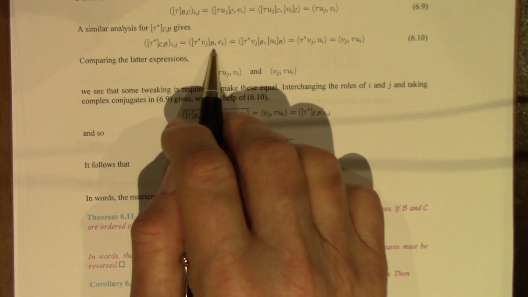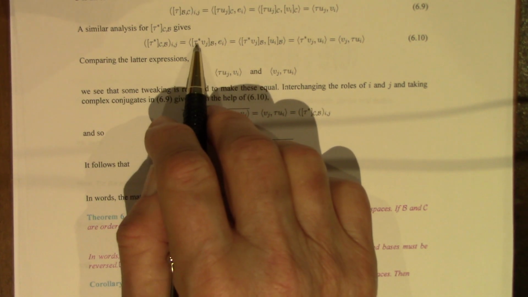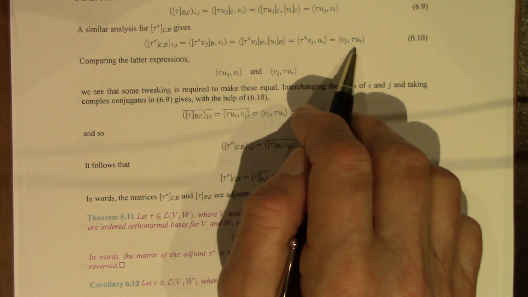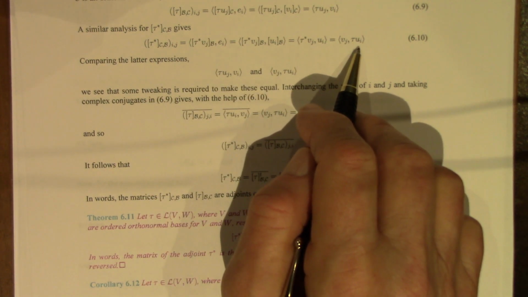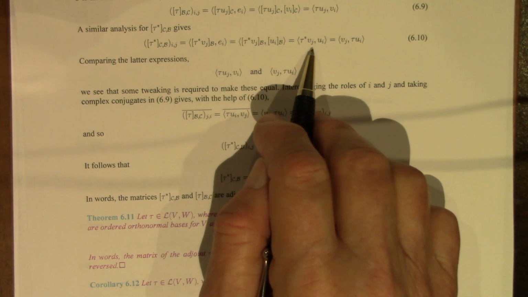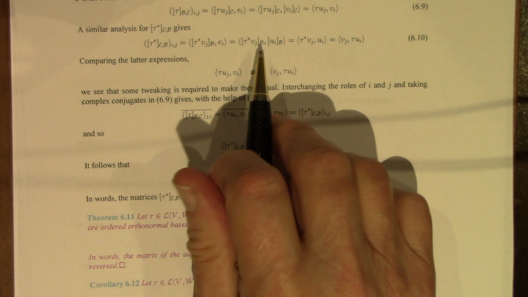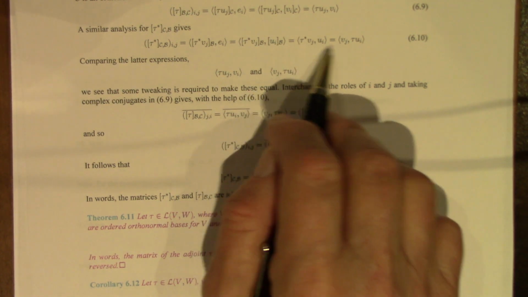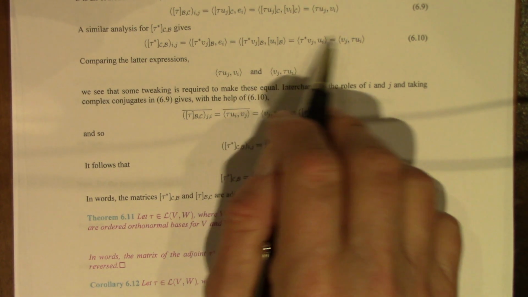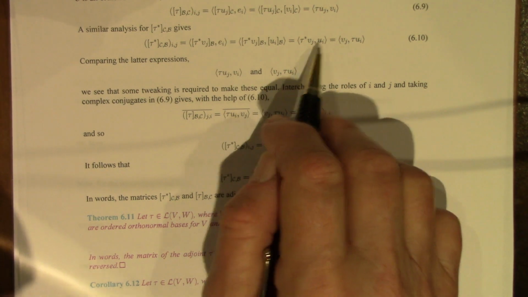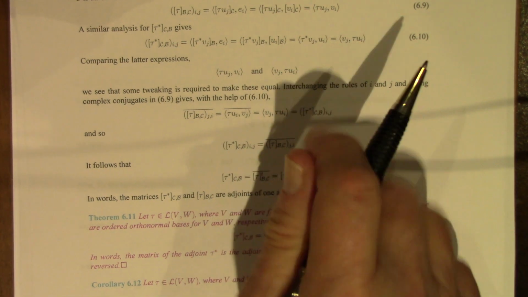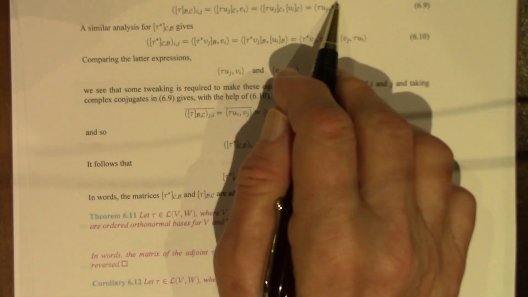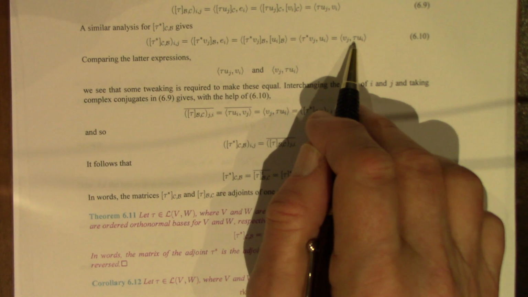You swap B and C, and you change tau to tau star, and the formula is identical. Actually I added, there's a little bit of a difference here because you have to move the tau star across at the end. We don't have to, but I want to. Okay. So if you ignore this last one, these are the same as the previous. Then I take one more step here.